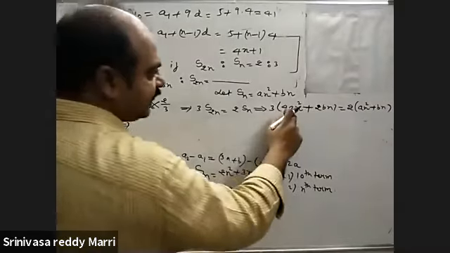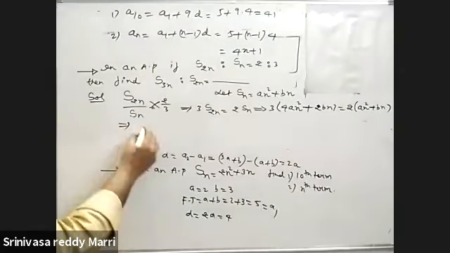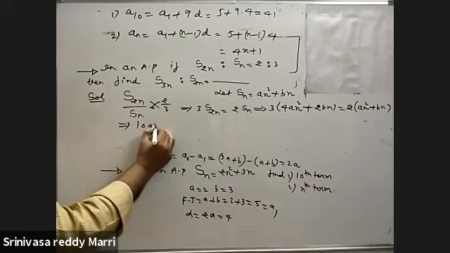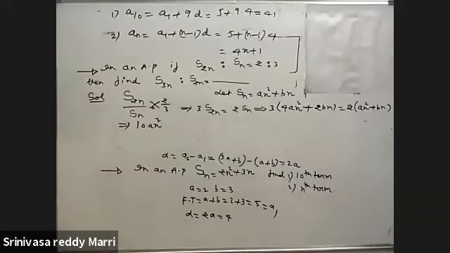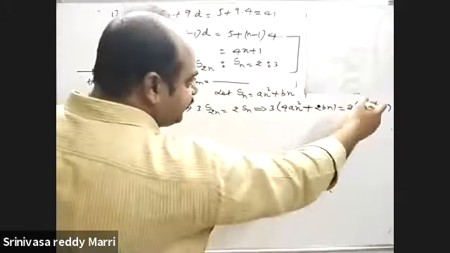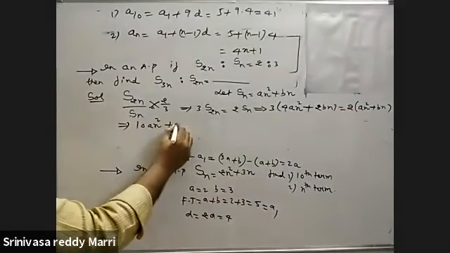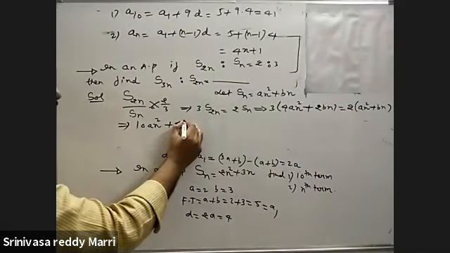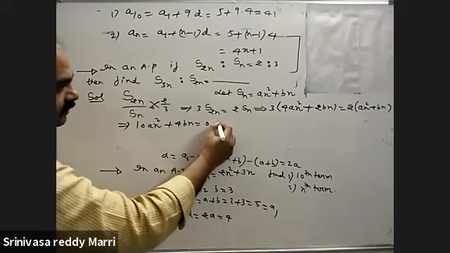This is 12an square, this is 2an square. That means bring this side, 10an square to the left hand side. So this is 6bn minus 2bn, that means 4bn, equal to 0.